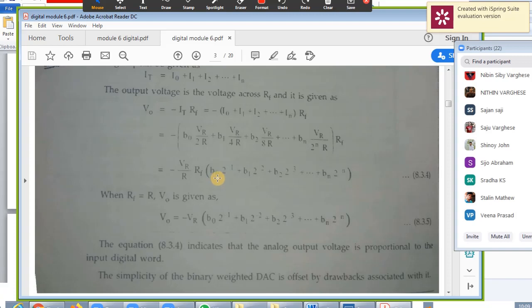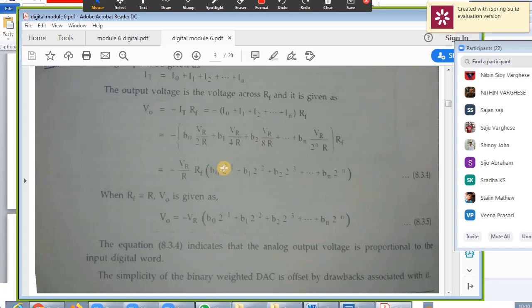So it has become B0 times 1 divided by 2, which we can write as 2 power minus 1. Then 1 by 4: 4 is nothing but 2 power 2 in the denominator, so if it goes to the numerator, it is 2 power minus 2. 8 means 2 power 3, so in the numerator it is 2 power minus 3.